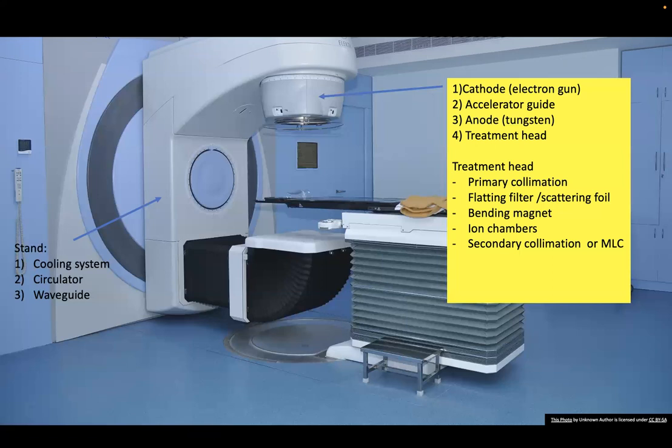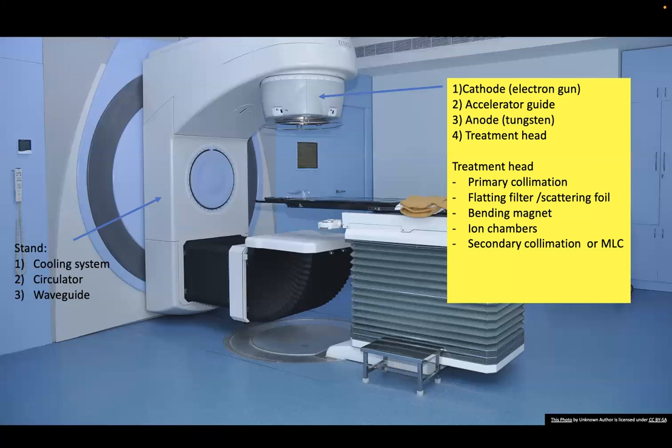They will decelerate and hit the anode, which is a tungsten target, and by doing that, photons are produced. The majority of photons that are produced are bremsstrahlung. Now, mostly that's produced at the anode, 99% is heat.